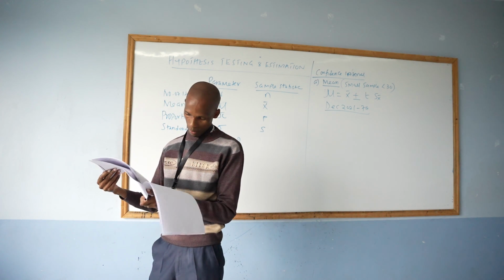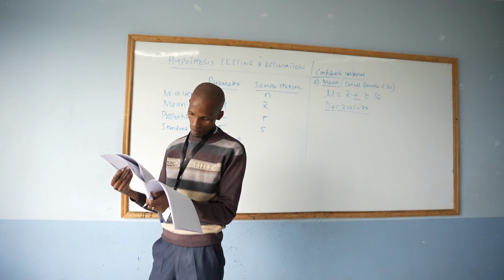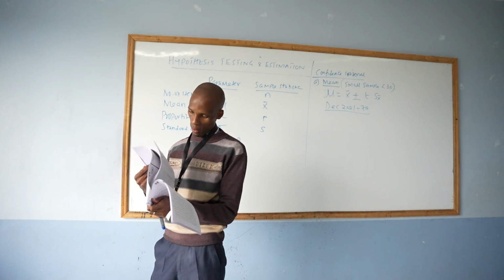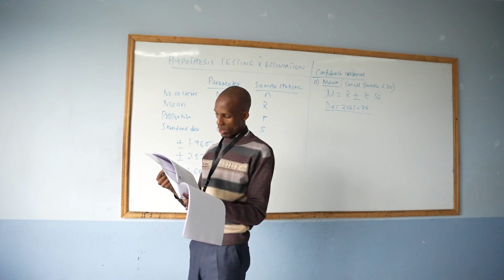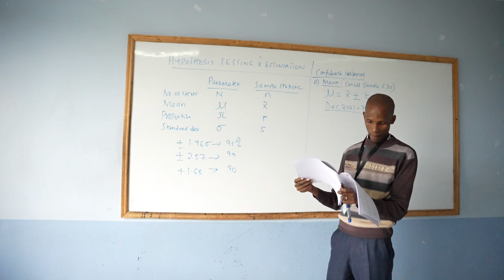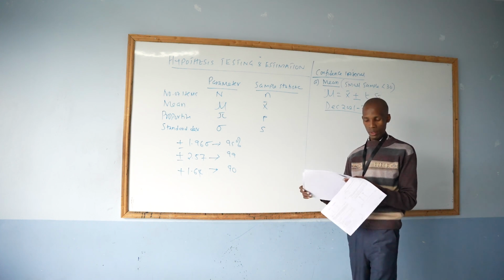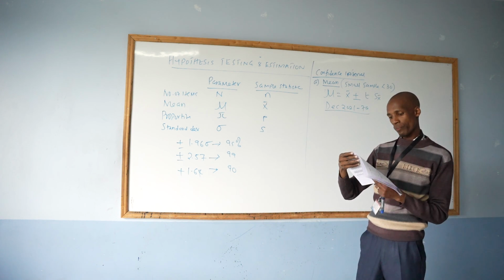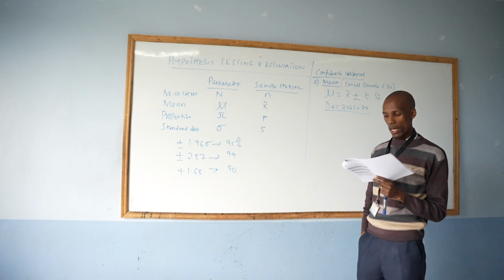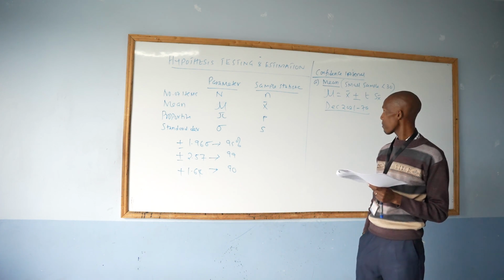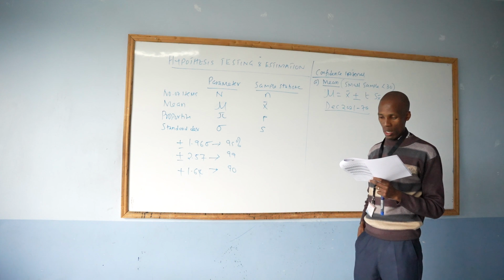December 2021, question number 7A. A random sample of 15 employees. Now you can see this 15 is less than 30.